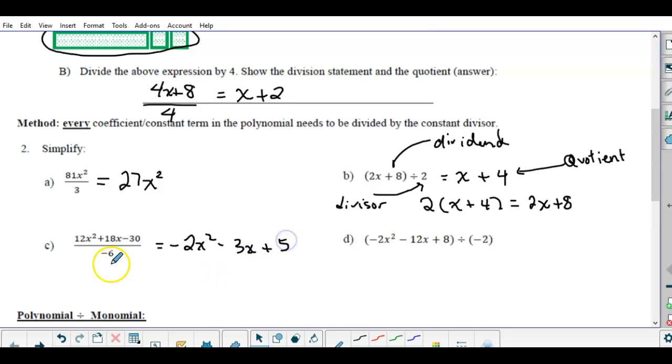A negative divided by a negative is a positive, and a positive divided by a negative is a negative. And then here, same thing, trinomial divided by -2, so every term gets divided by -2. So that's just going to be 1x squared plus 6x minus 4.